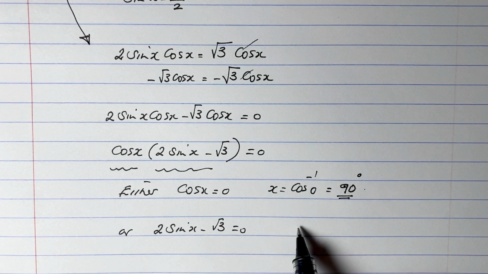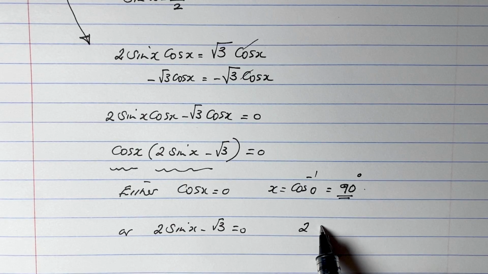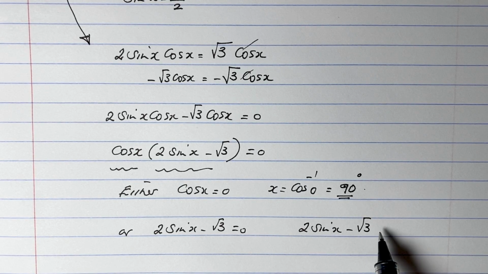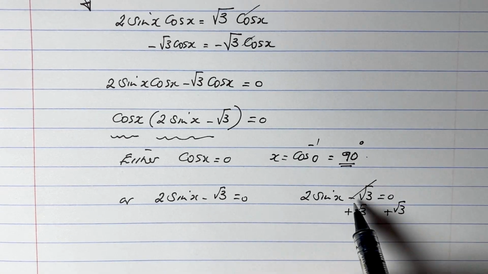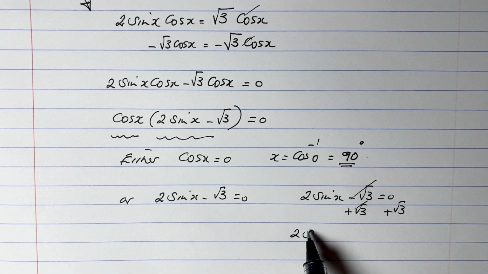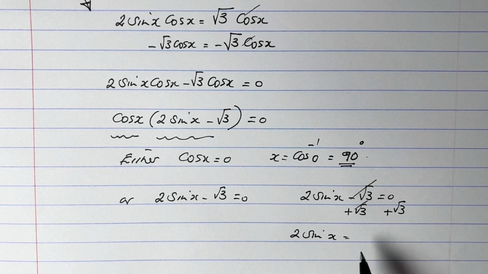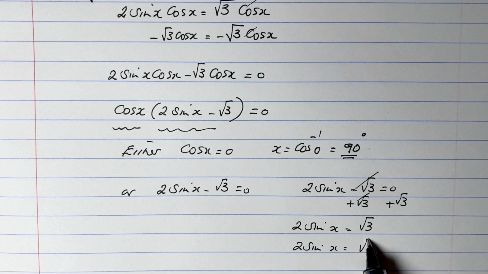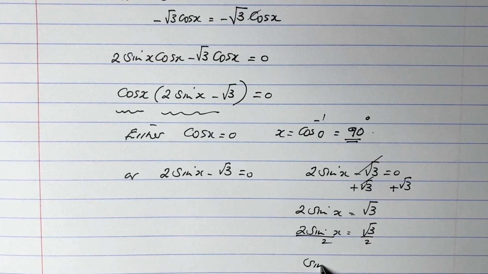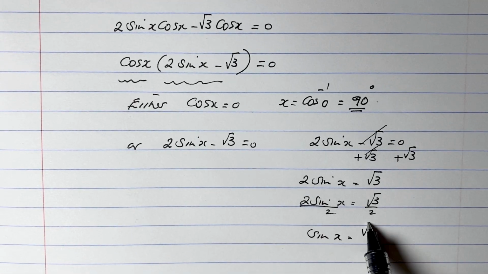And here, first balance the equation, move minus root 3 to the other side, or add root 3 to both sides. 2 sine of x equals root 3. Divide both sides by 2. So sine of x equals root 3 over 2.